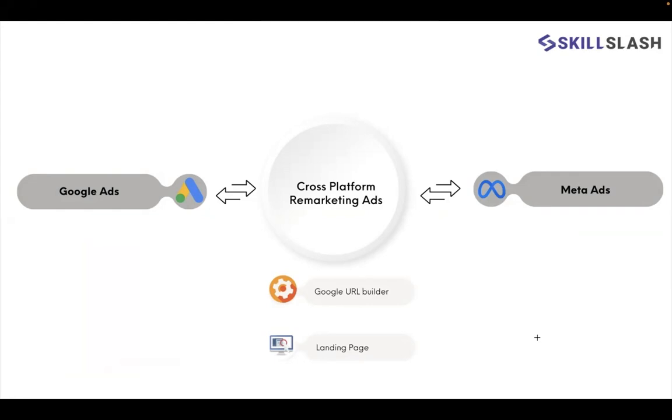That will start from remarketing ads. So why are we doing remarketing ads? Remarketing ads are nothing but people who have already interacted with your business, let's say with Google ads, and you can remarket them again and show them the ads. Why are we doing that?